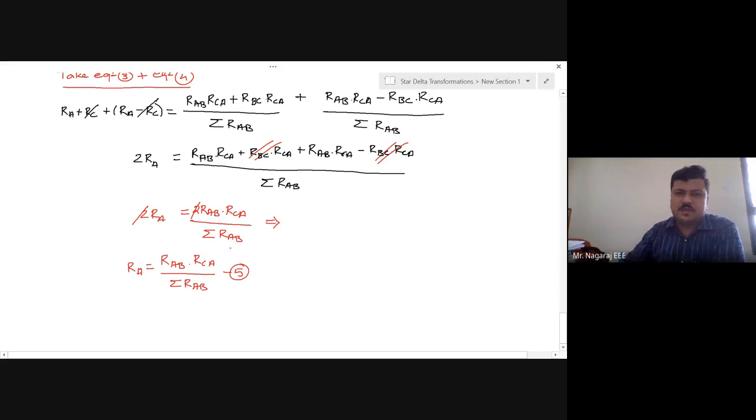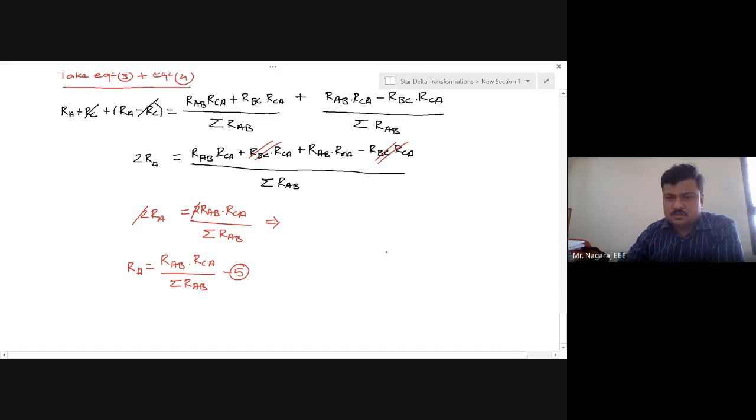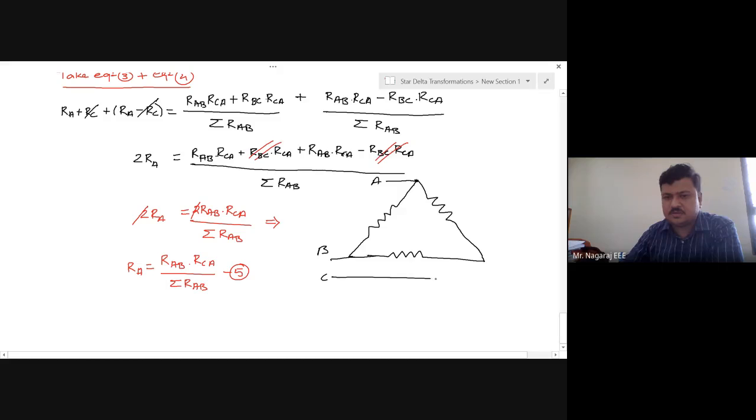Now, if you observe the star and delta connected forms, this is a delta connected form. I am obtaining it from delta to star. So this is A, B, and C. So this is RAB, this is RBC, and this is RCA.